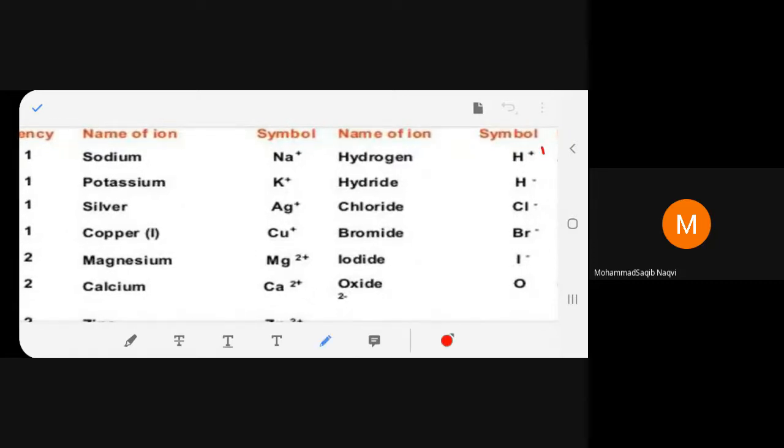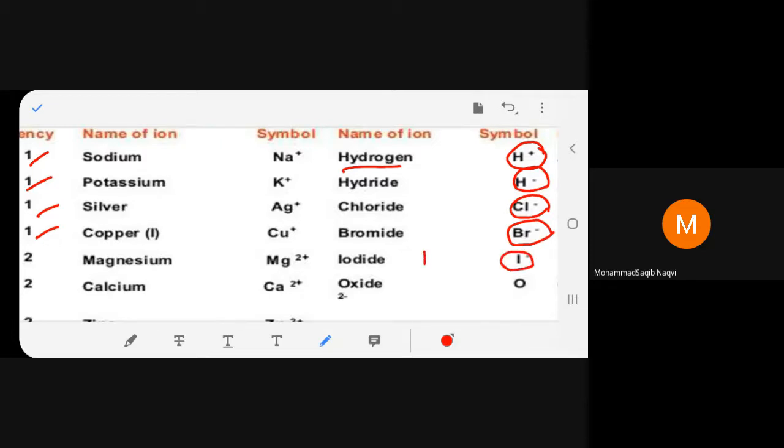So hydrogen plus, its valency is 1. Right, beta? Hydride minus, valence is 1. Chloride minus, valence is 1. Bromide minus, valence is 1. Is it clear? Iodide, the valence is 1.